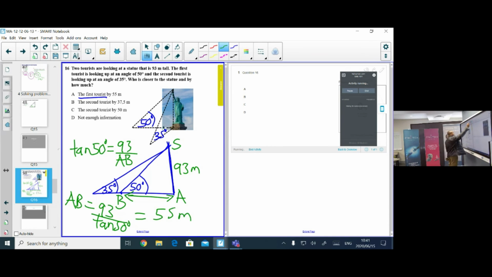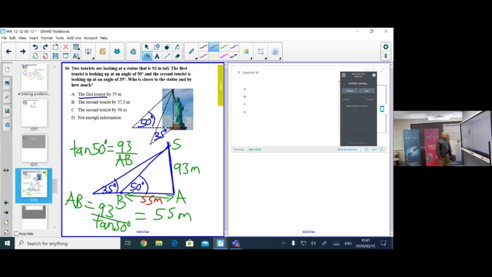So that means this distance is 55 meters. Okay. And that will be your solution A.